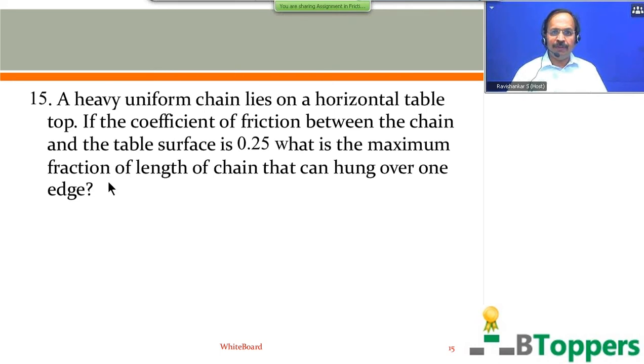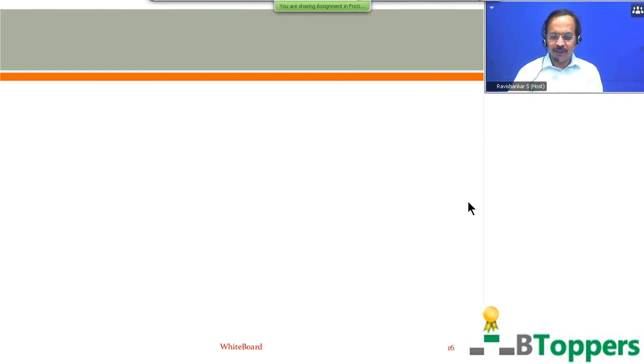A heavy uniform chain lies on a horizontal table top. The coefficient of friction between the chain and the table surface is 0.25. What is the maximum fraction of the length of the chain that can hang over one edge? Come on, try the question.